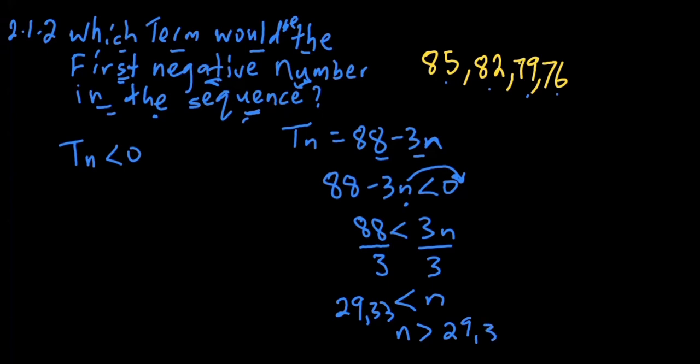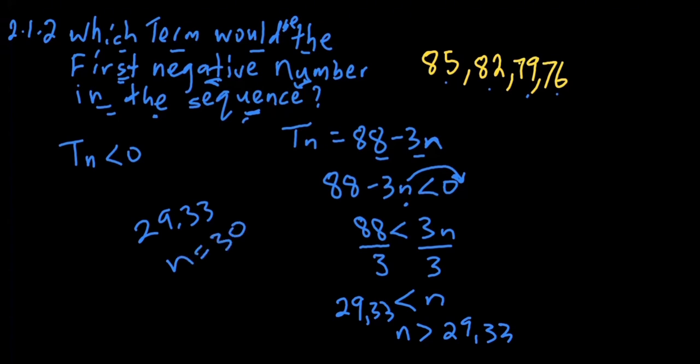However, since n must be a whole number, the smallest integer greater than 29.33 is n equals 30.